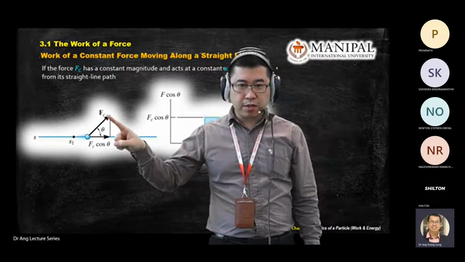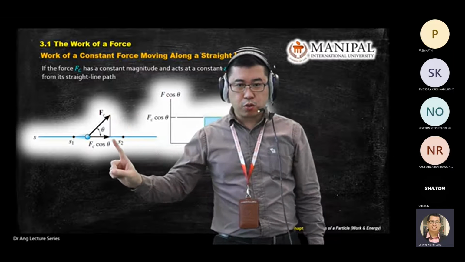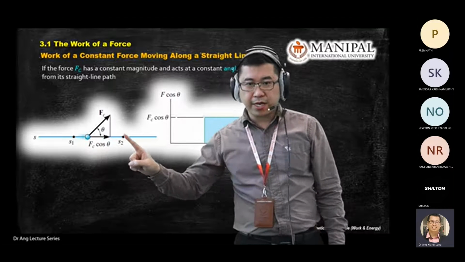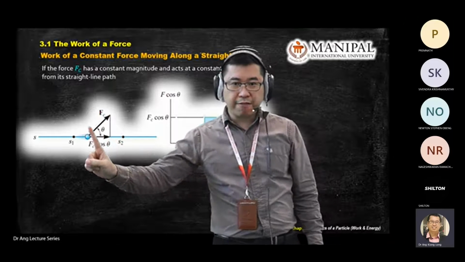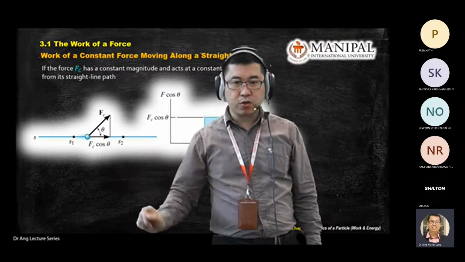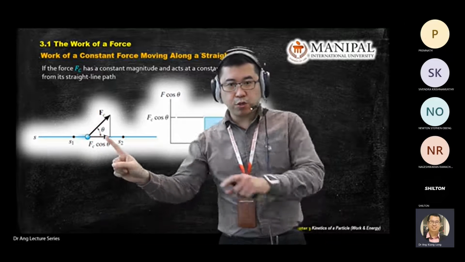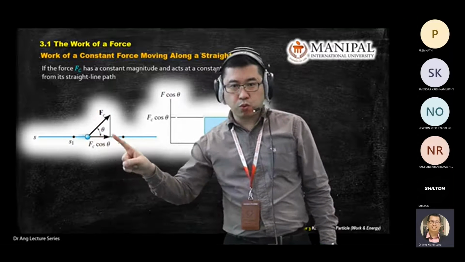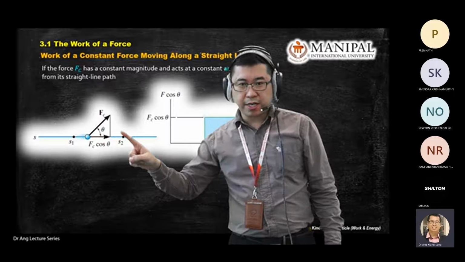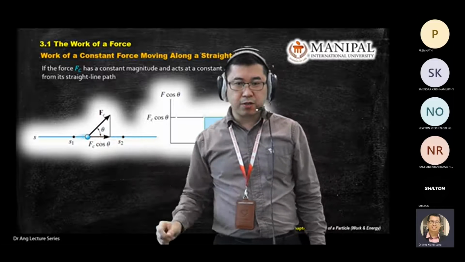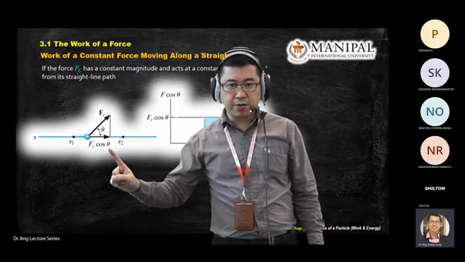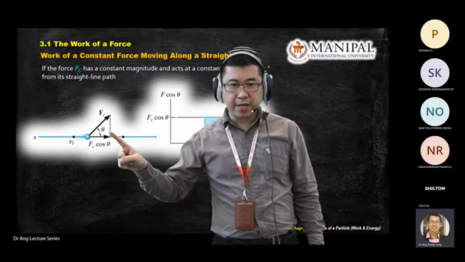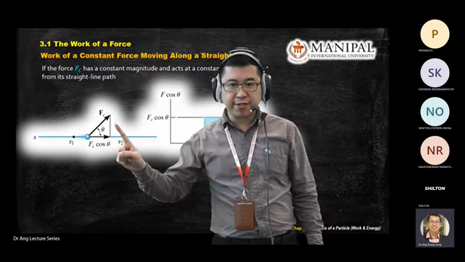So you need to split this force into two directions. One is this way, one is this way. And you know that when the force is perpendicular, there's no work done. So when you split this force into two components using trigonometry, this component is F cos theta, and this component is F sin theta.